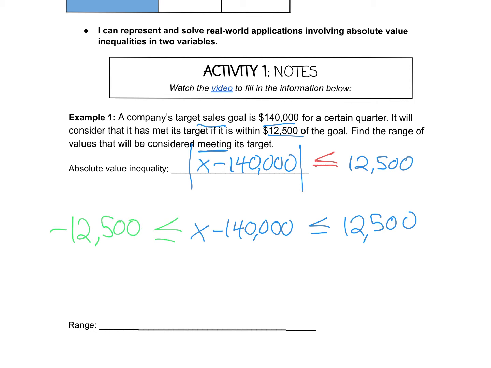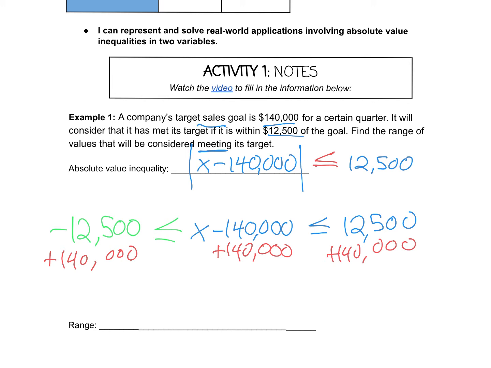Because now, without the absolute value, that expression could be negative or positive, and we don't know. And then to solve it, all it takes is getting the x by itself in the middle. So I've got x minus 140,000. To get rid of the minus 140,000, I do the opposite, and I add it. But then I have to add it not only on the right, but also on the left.